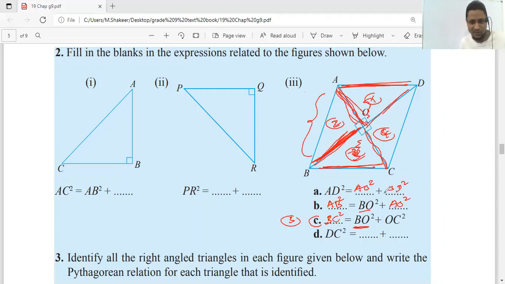I hope you understood. The last one you can do. Triangle number 4: CD squared, or DC squared. The other two sides are DO and OC. So I'll write DO squared and OC squared.